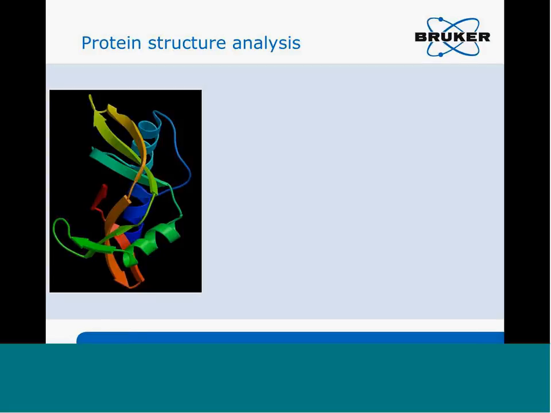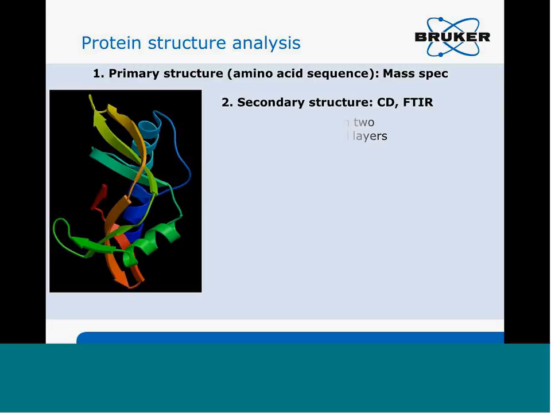Well, for those who are not familiar with proteins, I'll give you very basic stuff. A protein is a sequence of amino acids. The primary structure of a protein is the amino acid sequence, which can be identified using mass spec. But that's not the topic of this discussion.